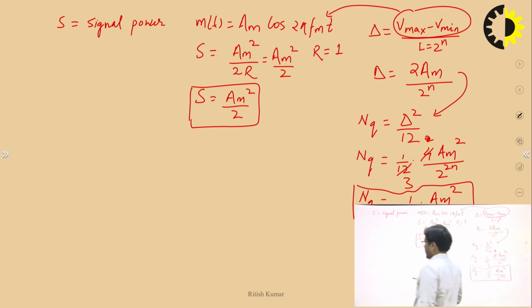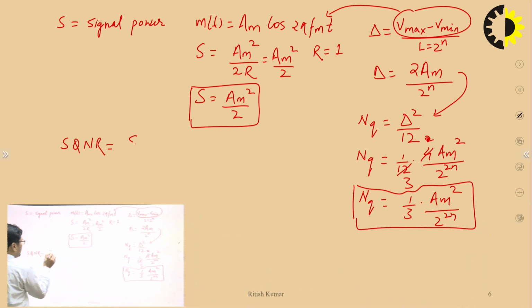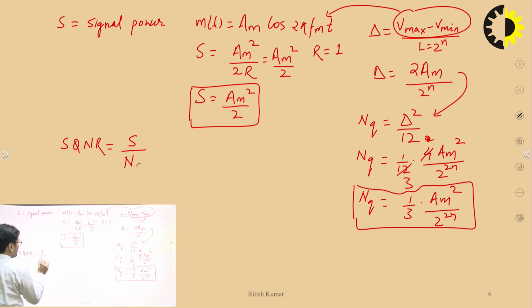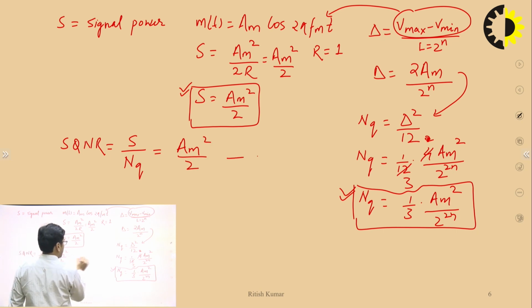So to calculate the SQNR, you need to take the ratio of signal power to the noise power, right? You have the signal power here, you have the noise power here. So this is Am square by 2, and this one is Am square by 3 into 2 to the power 2n.